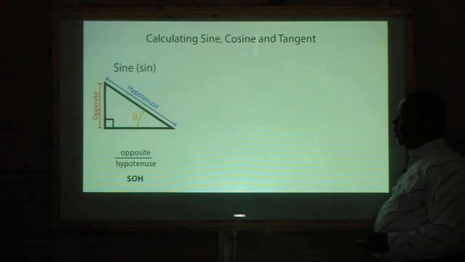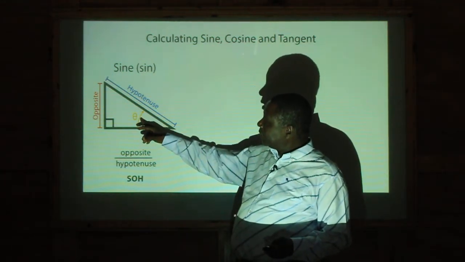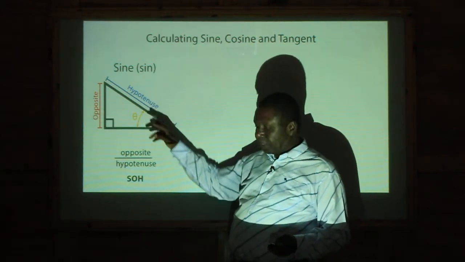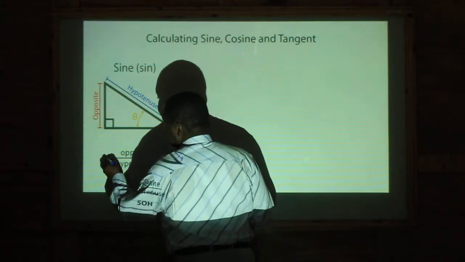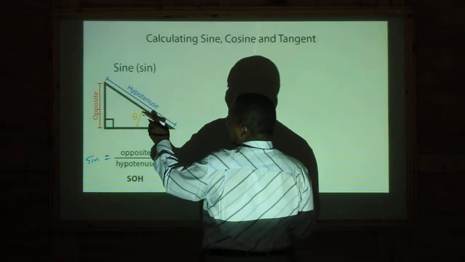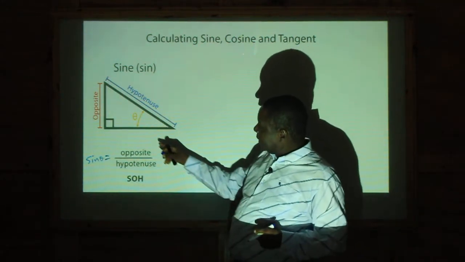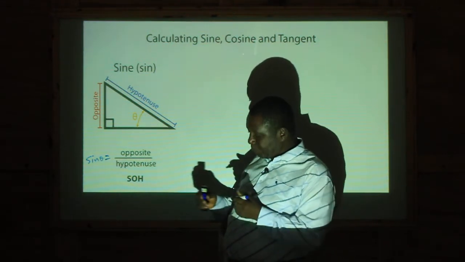Good. So just like what I said, this is the angle, this becomes the opposite, this becomes the hypotenuse. So basically speaking, for the sine, you always say the sine of the angle they are talking about, which is theta. The sine of this angle, theta, is opposite all over hypotenuse.